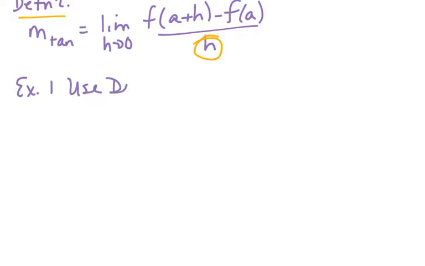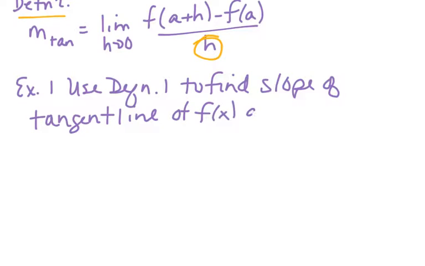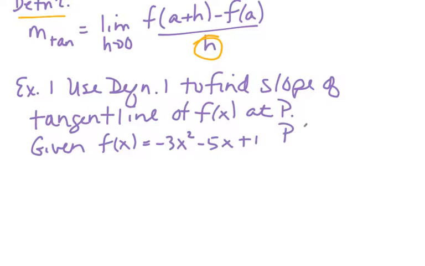So use definition 1 to find the slope of the tangent line of the function at point P. Okay, so we're given that f of x is a polynomial, minus 3x squared minus 5x plus 1, and the point that you're given is (1, negative 7). This is textbook number 10.